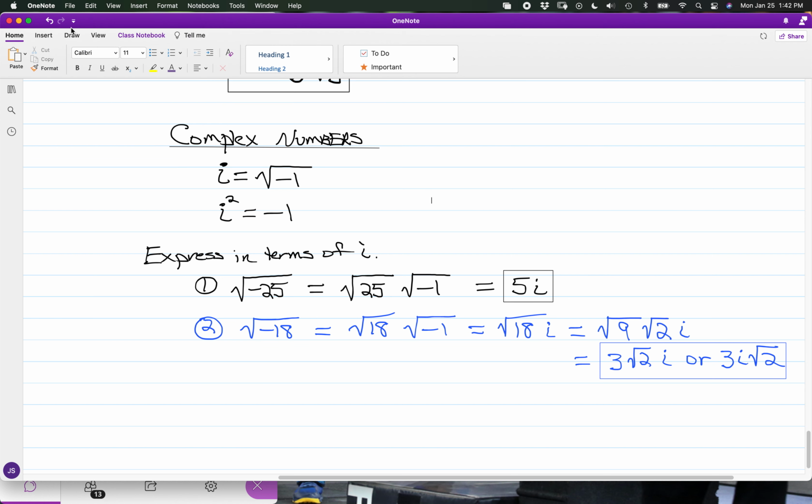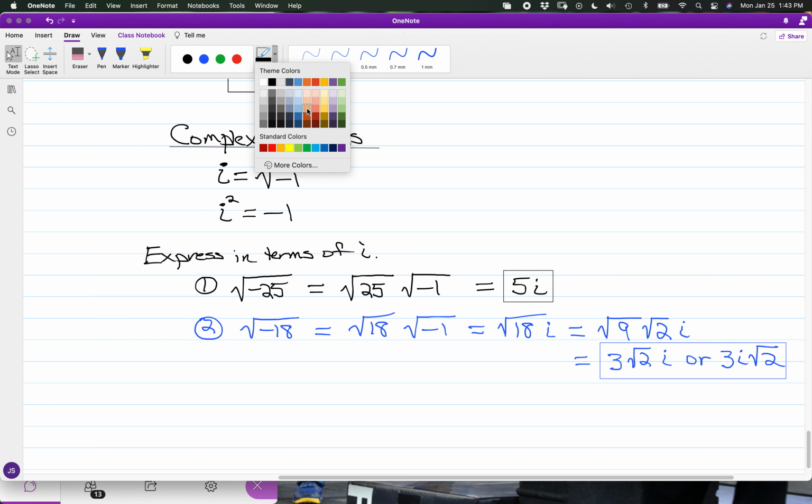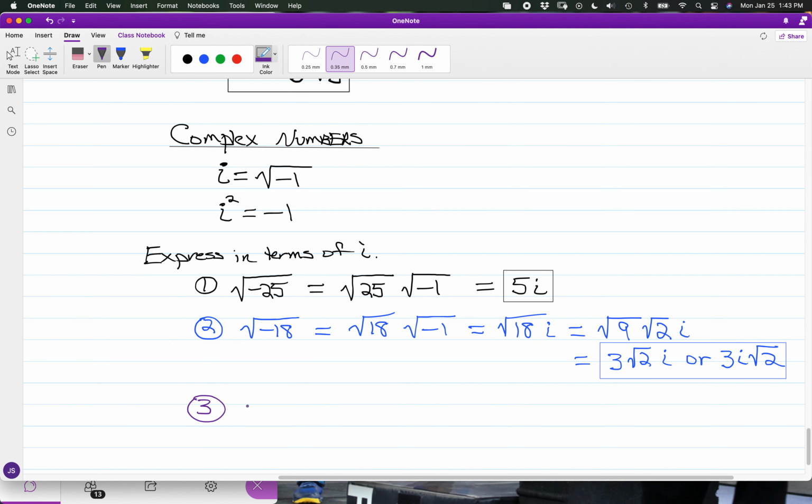And just another case here, if I have the square root of -500. If I branch out, I have the square root of 500 times i. I'm just doing this very gradually.